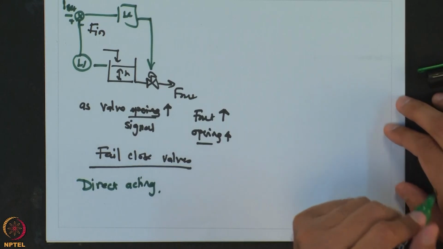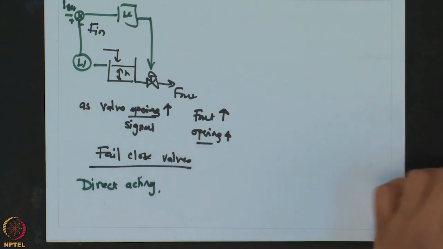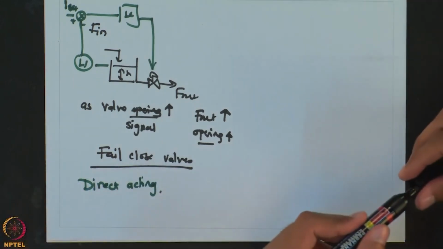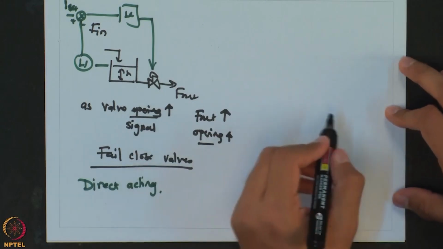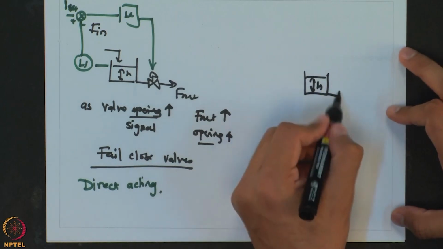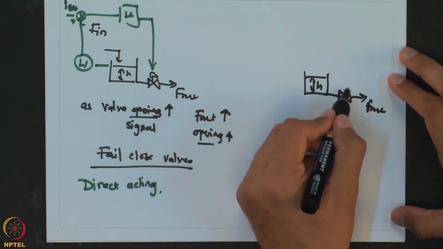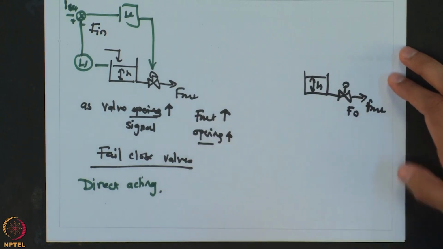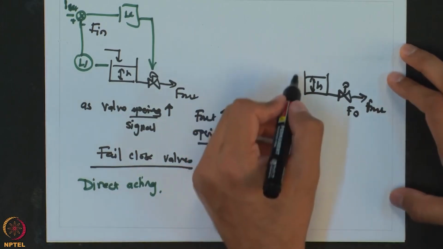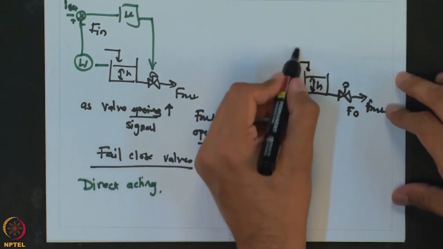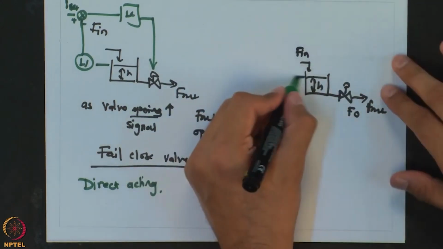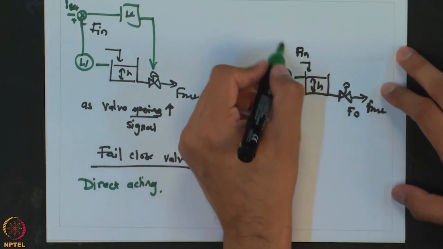But for this same system, if we have the valve which is known as a fail open valve, which is generally represented in its piping and instrumentation diagram by a small subscript FO, the implementation is exactly the same.